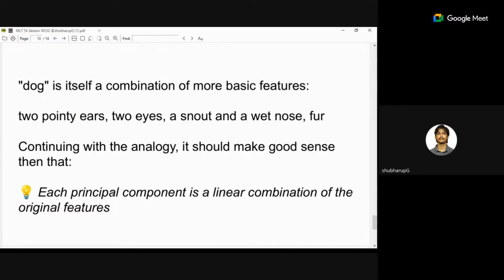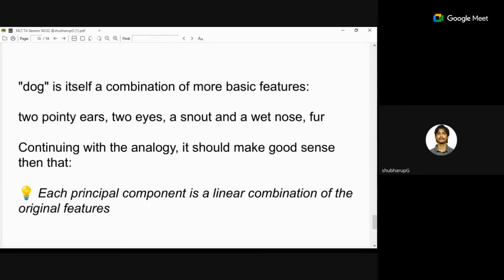It's a linear combination of the original feature vectors. If your data points are stacked as rows, then the columns are the feature vectors. So each principal component is a linear combination of the original feature vectors. There is a bit of discontinuity here, I just realized. I was thinking about something else when I wrote this. Anyway, I'll rectify that later.